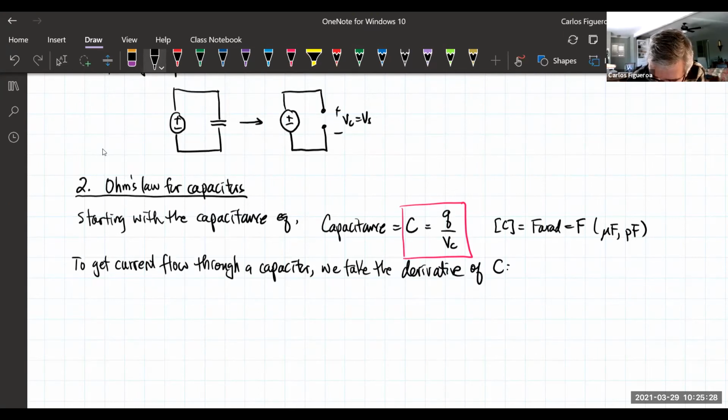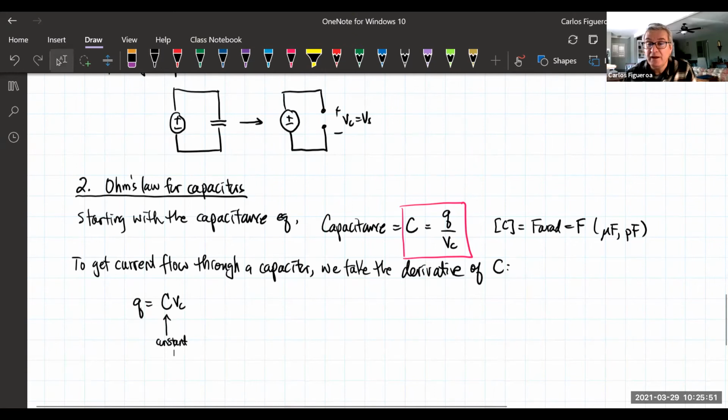If I rewrite this, Q is equal to C VC. But capacitance here is a constant. Remember what I said before, the capacitance only depends on geometry and the dielectric constant. It doesn't depend on anything else.